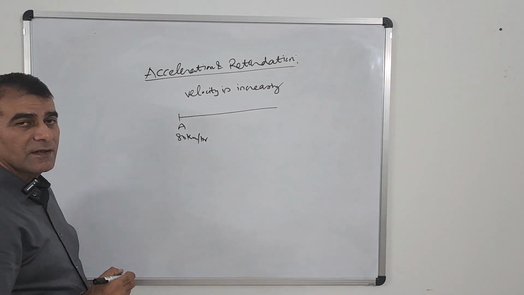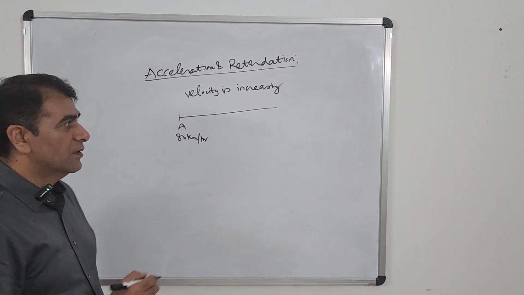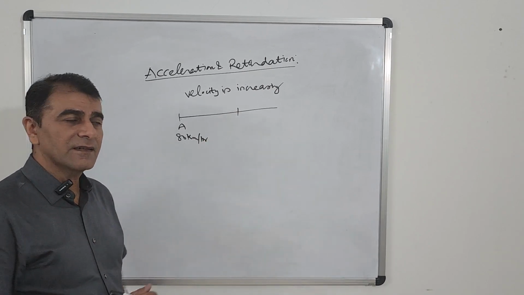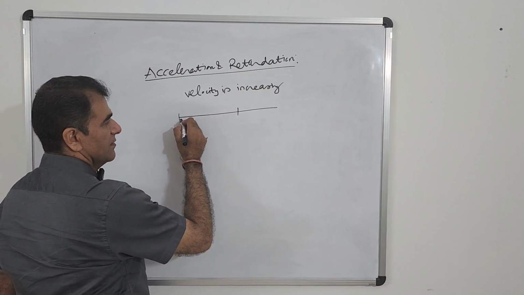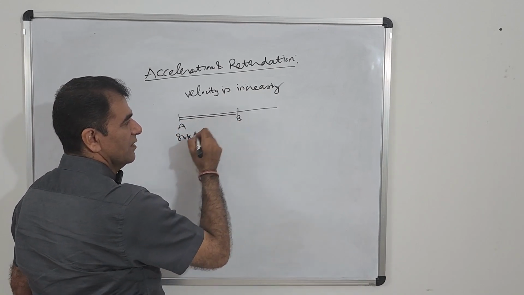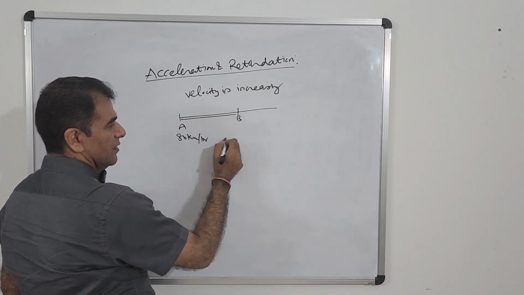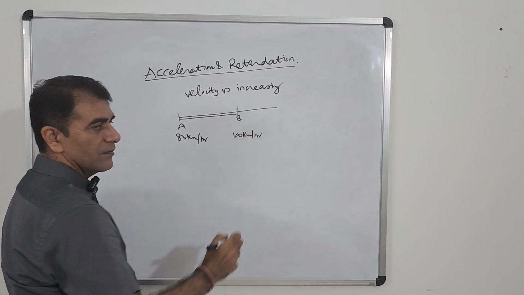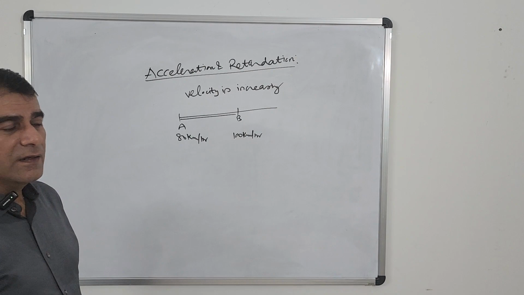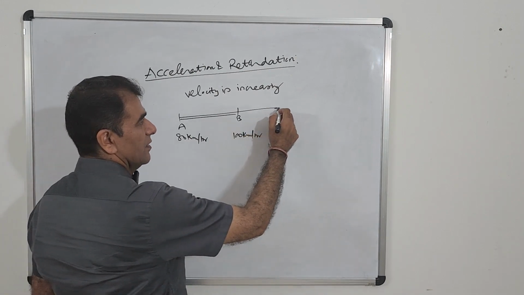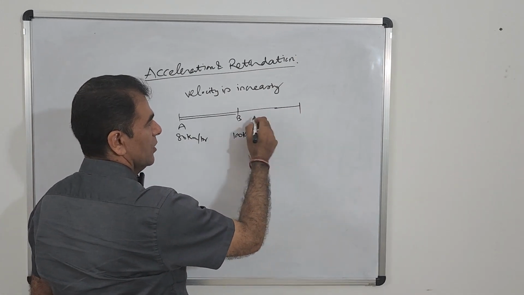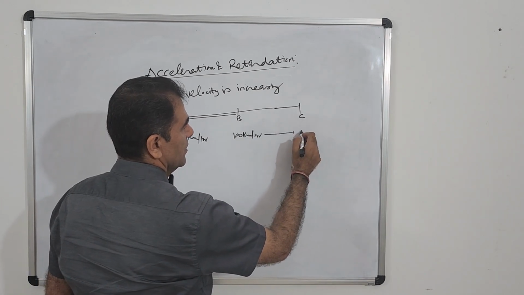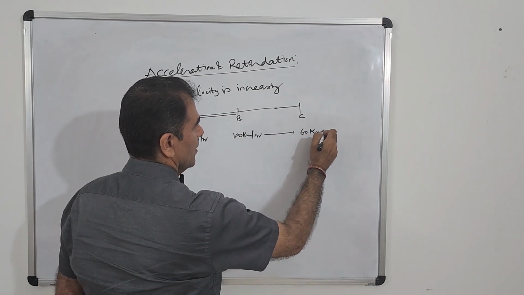Now you see there is no traffic. You put your foot on the accelerator, and then let's say up to point B, your speed is increased from 80 to 100. Okay, and then you see that there is some traffic. You slow down up to point C, and your speed decreases from 100 to 60 kilometer per hour.